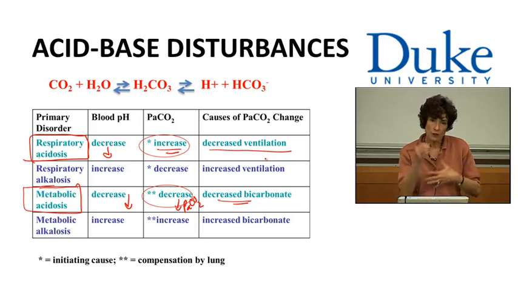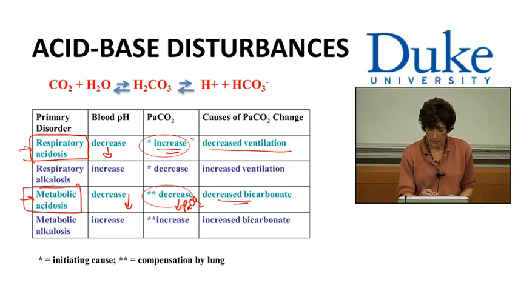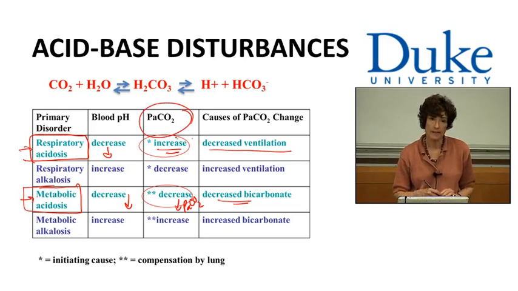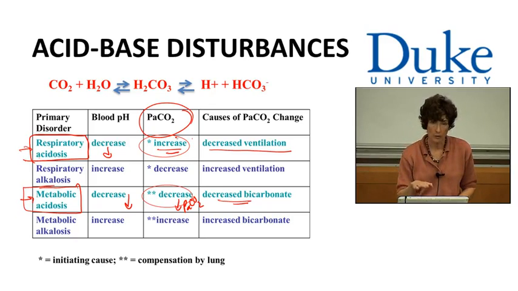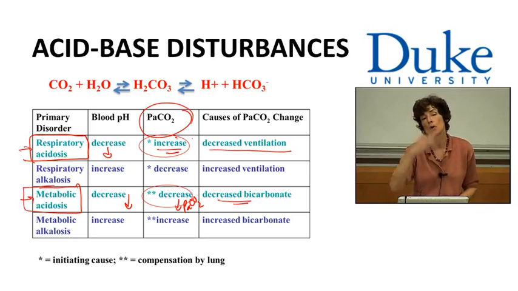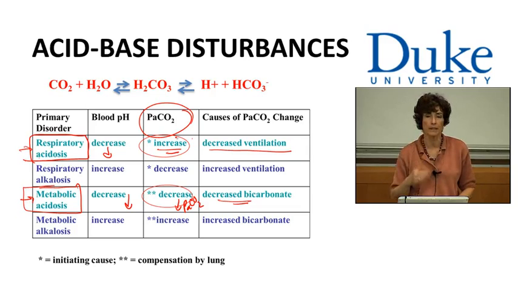So you can differentiate between a respiratory acidosis and a metabolic acidosis by the amount of PaCO2 within the blood. If the PaCO2 is higher than normal, then it's a respiratory acidosis. We're holding the CO2. Ventilation is inadequate. If the PaCO2 is lower than normal, then we're trying to blow off the CO2 to compensate for a metabolic acidosis.